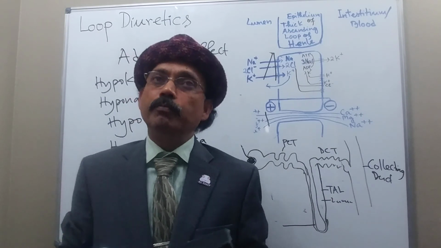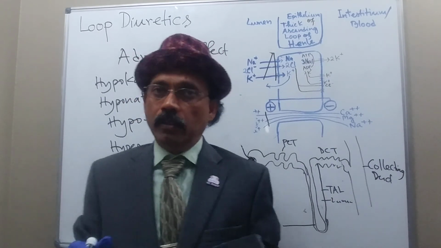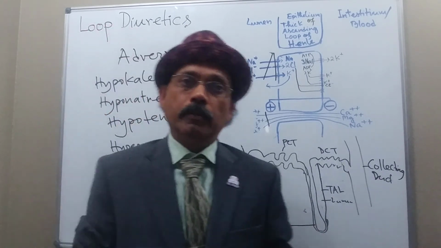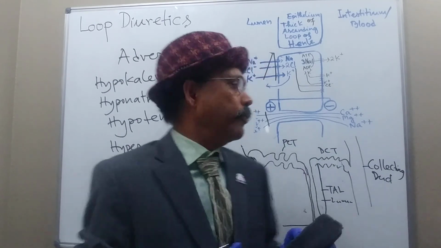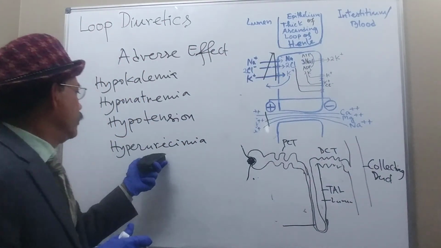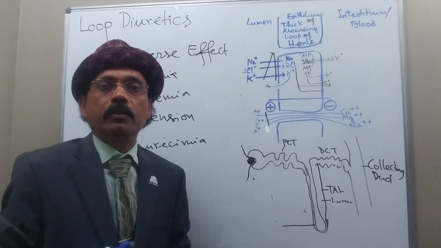There will be competition between the loop diuretic and the uric acid for the acid-forming site in the nephron. So hyperuricemia is a possibility.